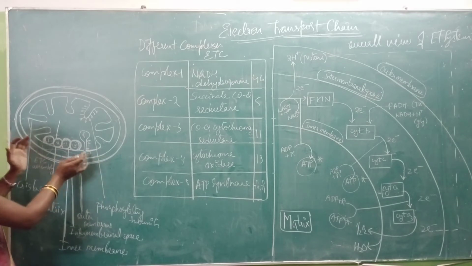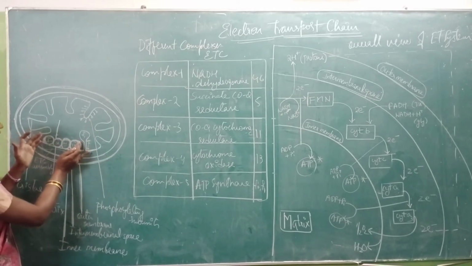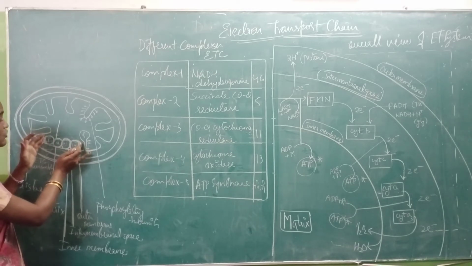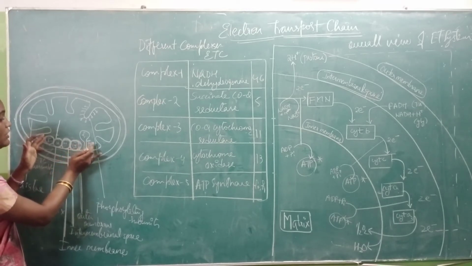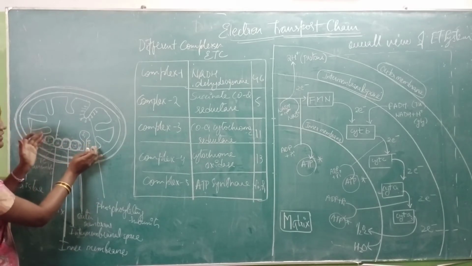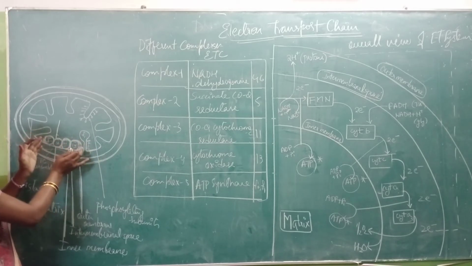Got it? So the entire assembly of the electron transport chain, all these complexes, are present near your cristae, in your matrix, isn't it?